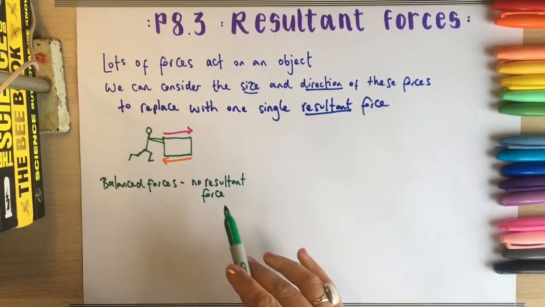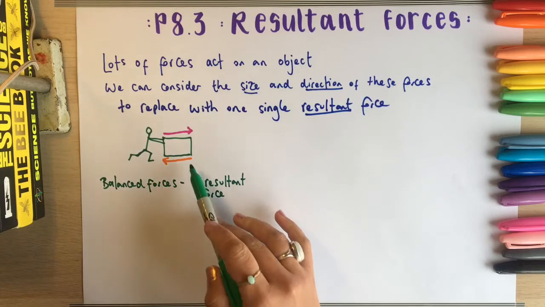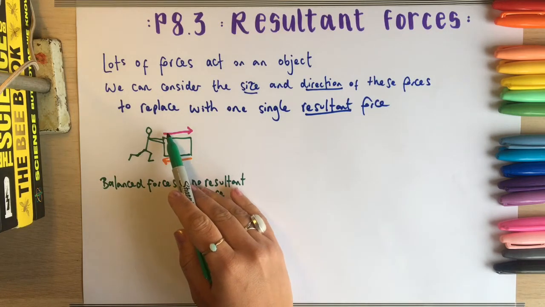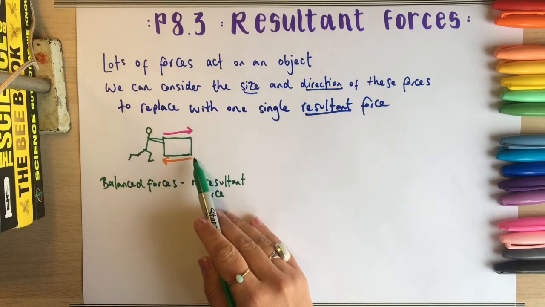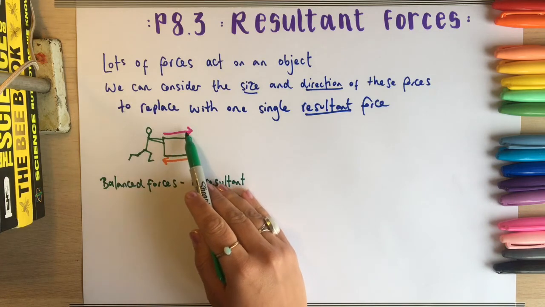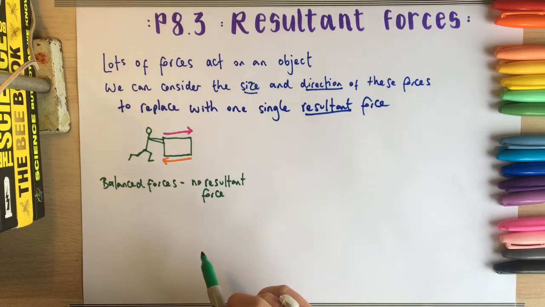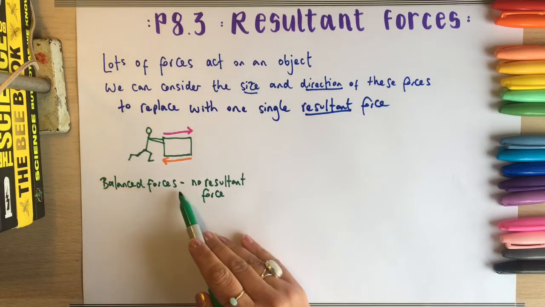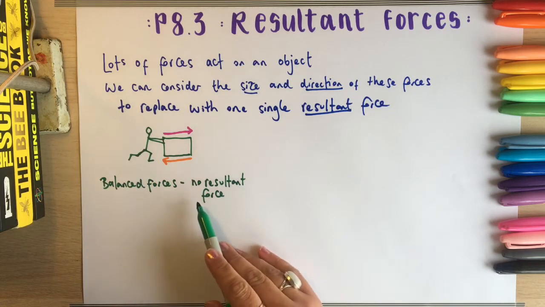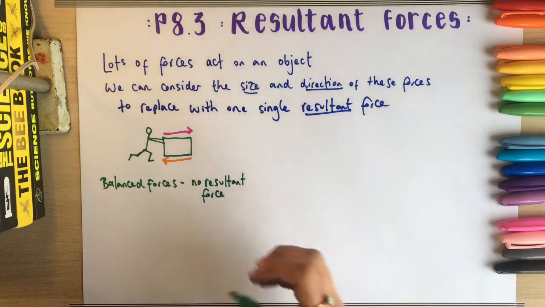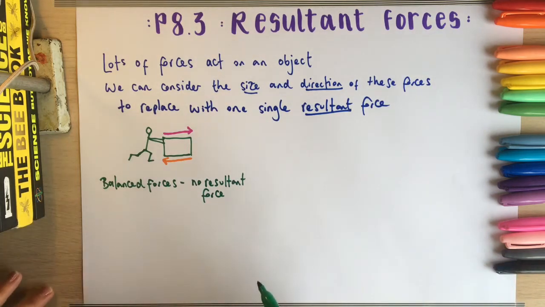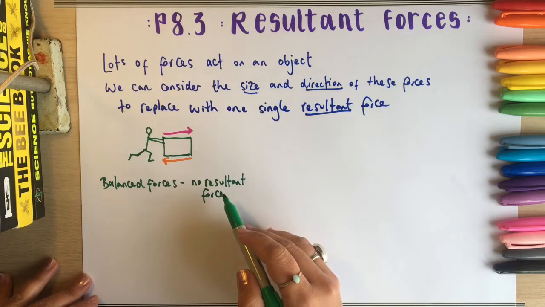So let's remember from probably year 7 when we did forces that the size of the arrow represents the size of the force. We can see that these arrows are the same size and they're in opposite directions, so they will cancel each other out completely, which means that they're balanced, and it means that there is no resultant force overall.